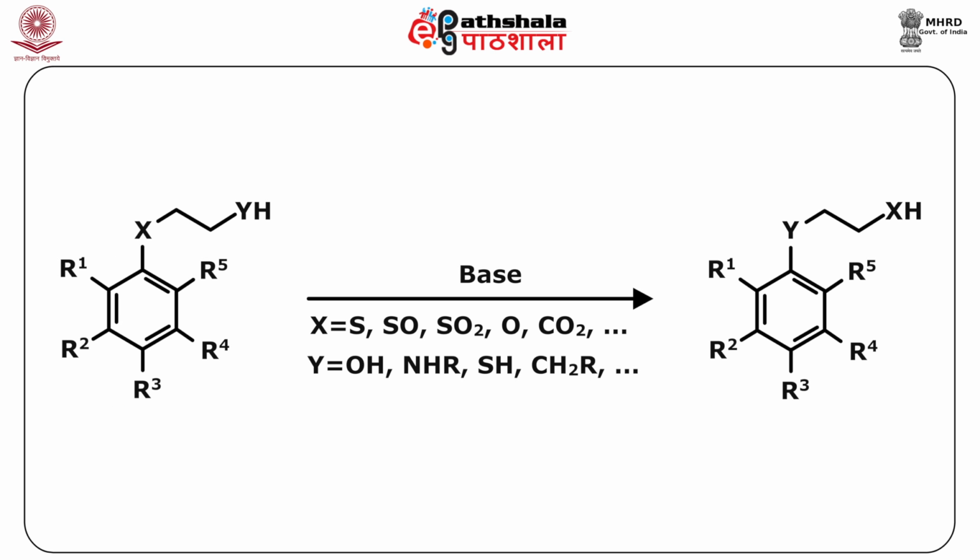In the Smiles rearrangement students, the nucleophile Y is generally the conjugate base of SH, that is the thiol, SO2NHR, SO2NH2, NH2, NHR, hydroxyl or OR. Now you can see here the reaction, and we have told specifically what is X and what is Y in this reaction system. In the presence of base, the Smiles rearrangement finally takes place.